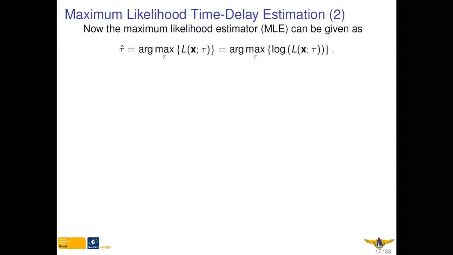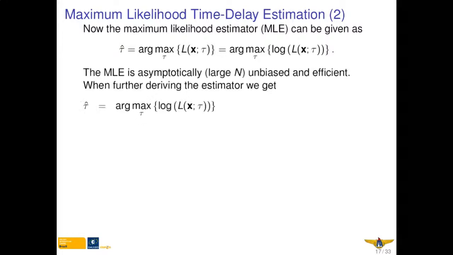And we are trying to find a time delay that maximizes the likelihood with respect to this received signal x. This is the maximization of this argument. We can also, instead of maximizing the likelihood with respect to tau, maximize the log likelihood with respect to tau, because the logarithm is a monotonic function.